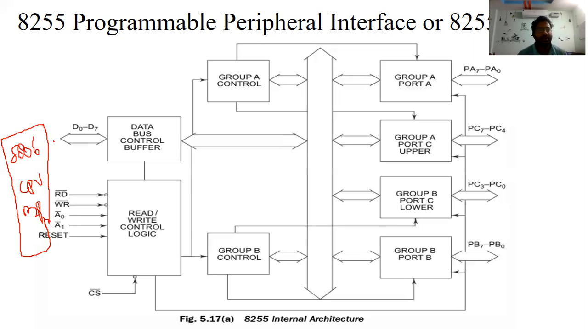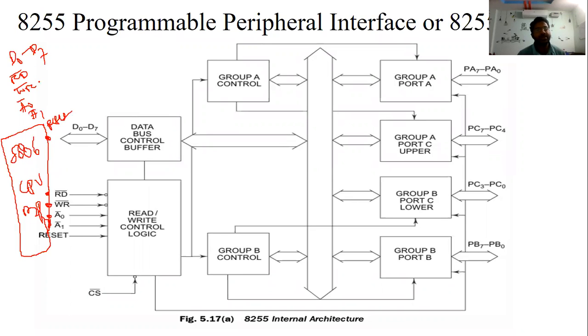This side is connected by the data lines D0 to D7. Remember, this side is connected by the microprocessor. See these pins. What are the different types of pins connected to this device? D0 to D7 from the microprocessor, RD bar, WR bar, A0, then A1, then reset.